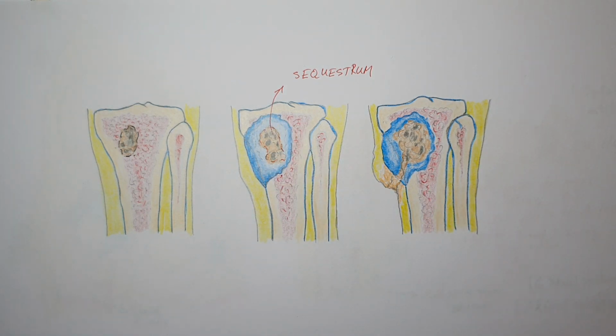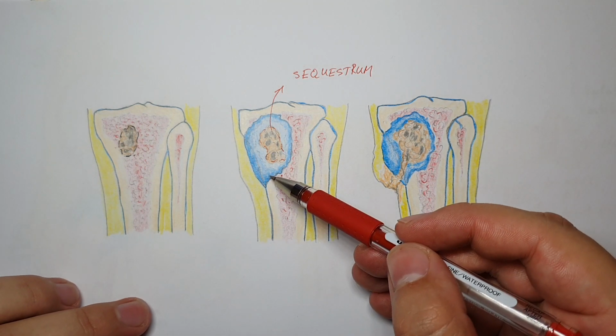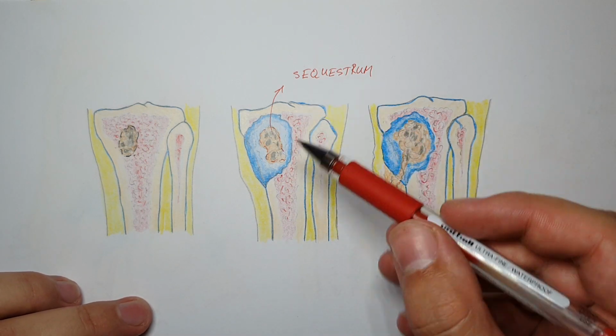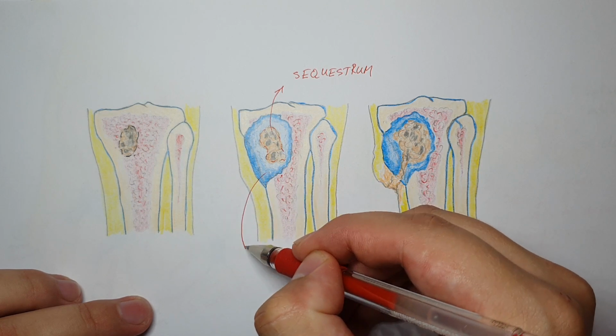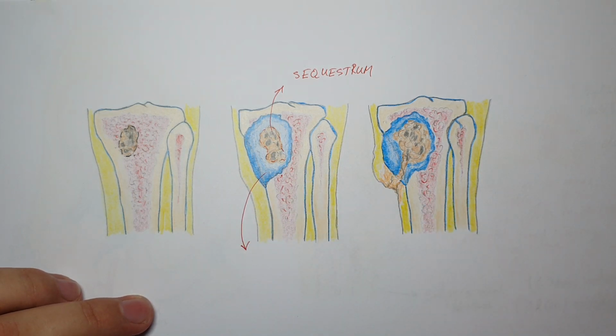Around the sequestrum there is new bone forming. So the body is trying to protect itself, and it is forming new bone around this dead bone, and this new bone is called the involucrum.